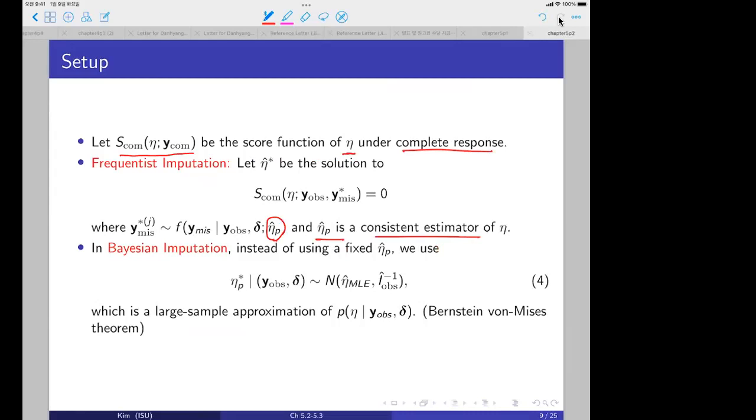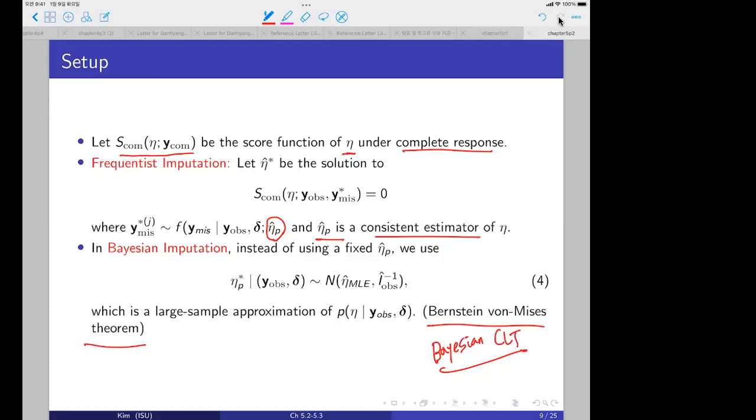In Bayesian imputation, we are not really using the consistent estimator. We draw from the posterior. There's an interesting theory, sometimes called the Bernstein-von Mises theorem, which is basically a Bayesian version of the central limit theorem. You can say that it is the Bayesian CLT. What does that mean?